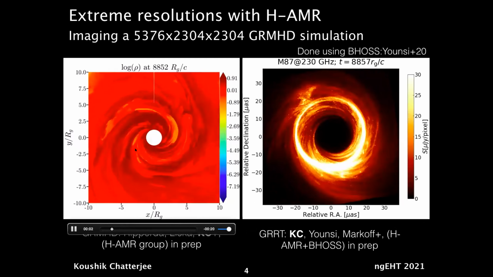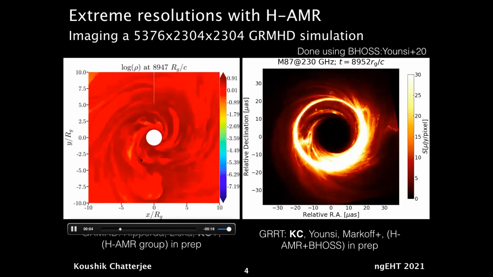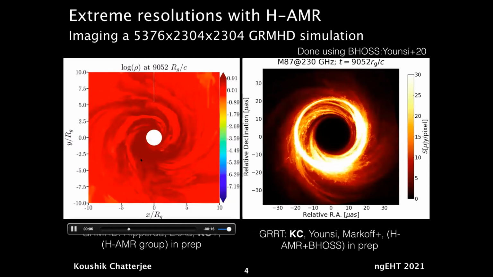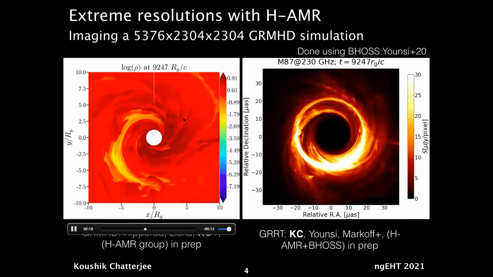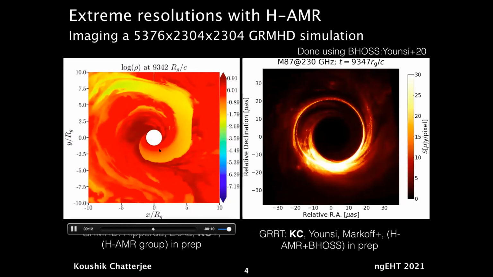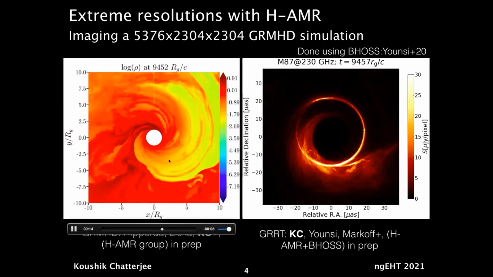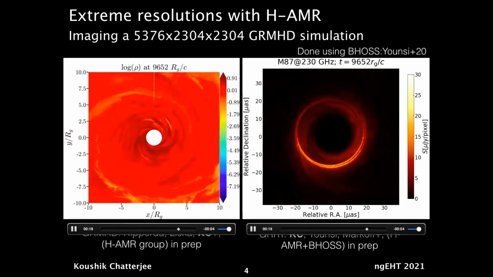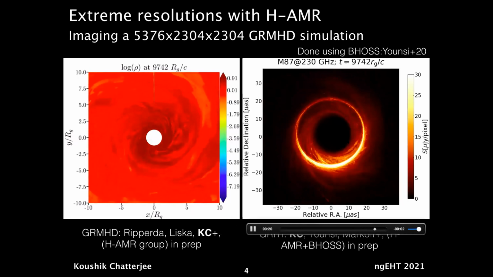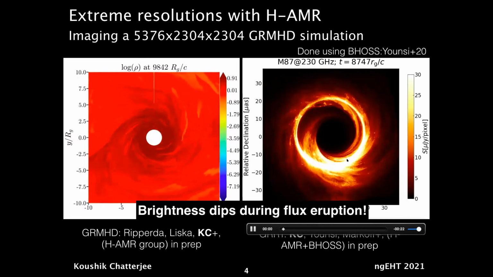During the movie, at one point there will be a flux eruption event. That is, magnetic flux actually escapes away from the black hole, pushes matter aside, and because of that, you see that the image brightness dips quite a bit.